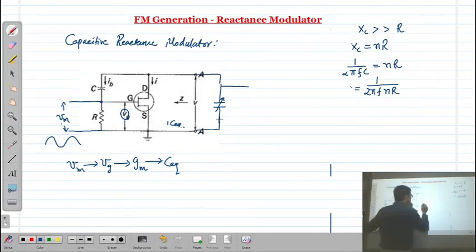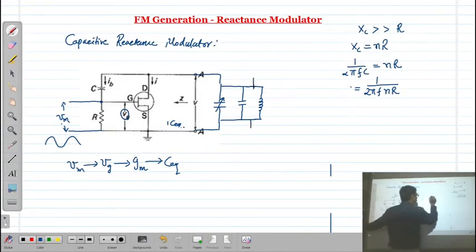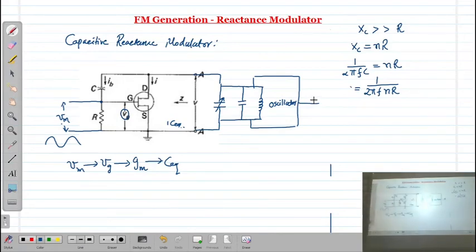And this is connected to a tank circuit where we have a fixed value of the capacitor and a fixed value of the inductor. And this tank circuit is connected to an oscillator. And the output of the oscillator is where your frequency is going to increase or decrease.